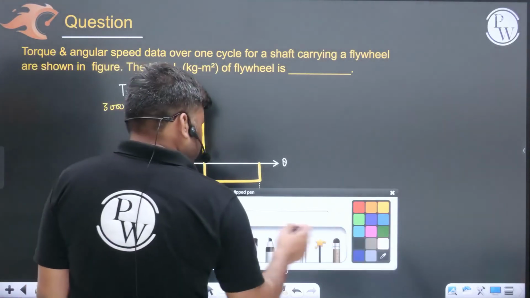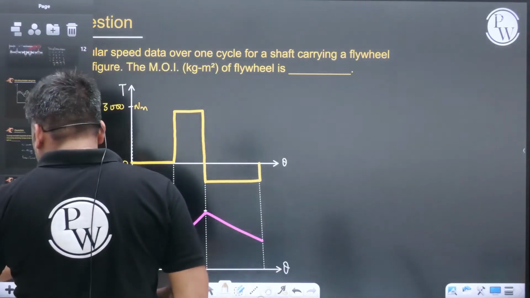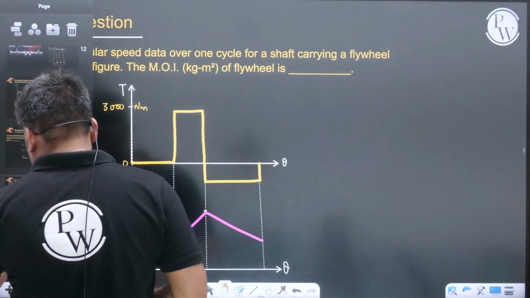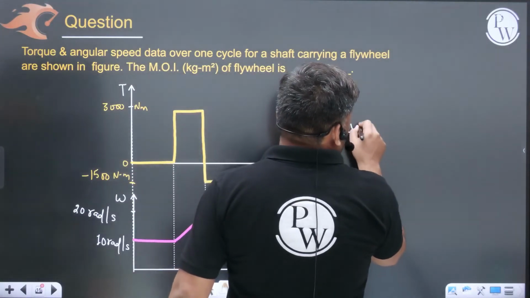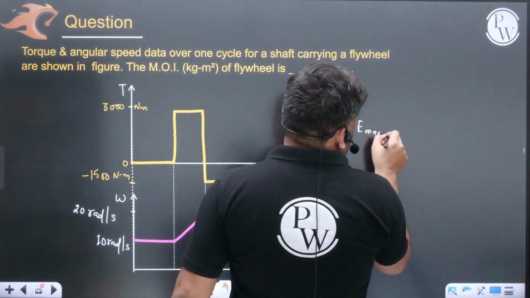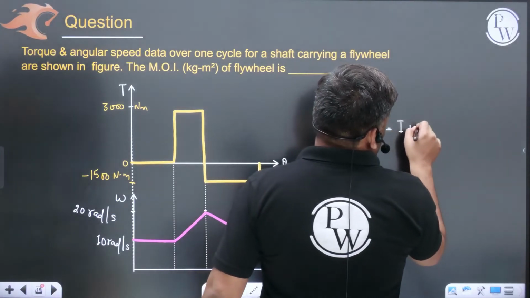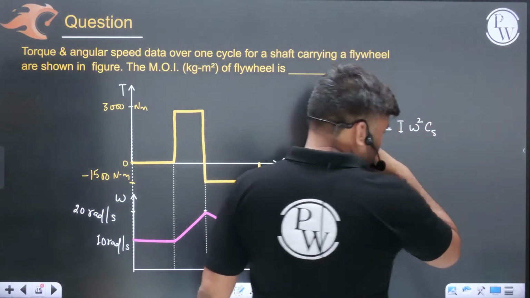देखो, simple सा we have one formula. Very simple सा एक formula है हमारे पास. That delta E max is equal to I omega square CS.